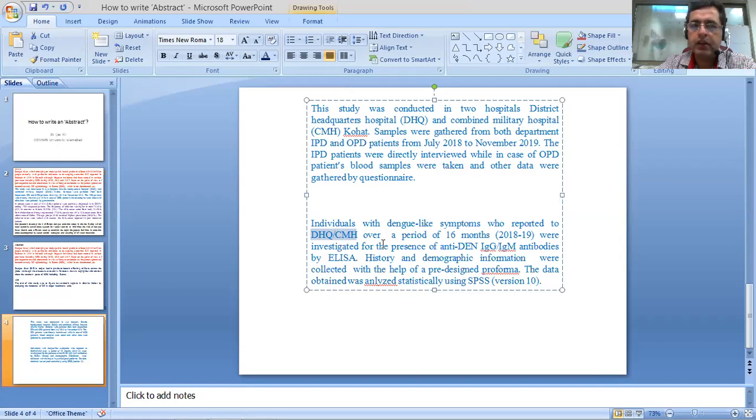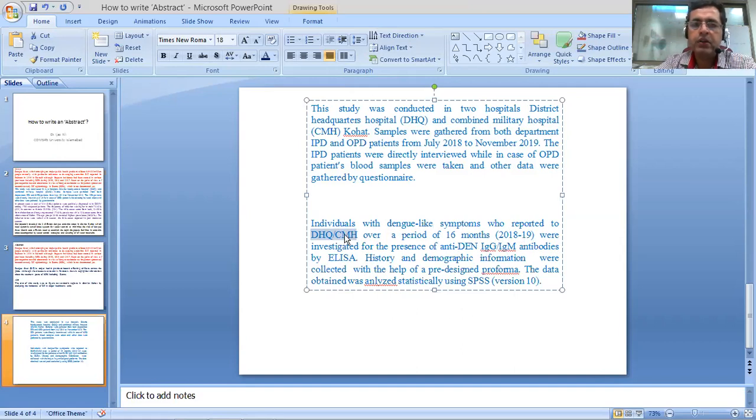And how did you do it? You did it by analyzing IgG or IgM antibodies by ELISA. You use this particular technique for finding out evidence of dengue in patients.